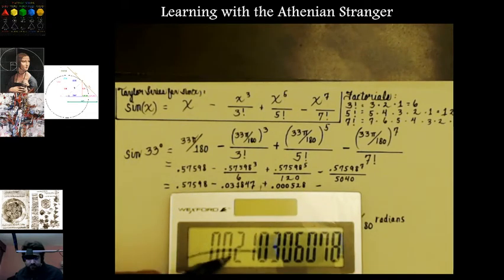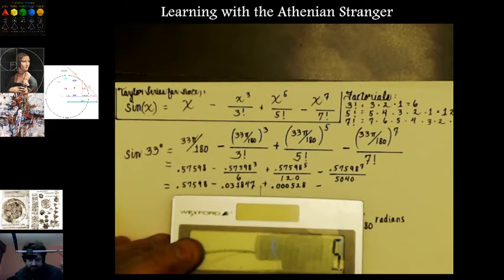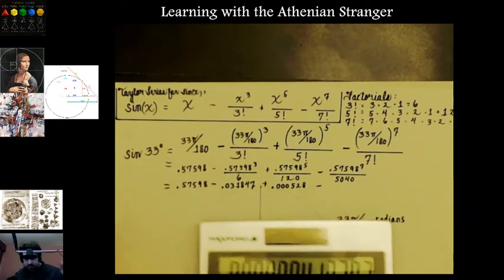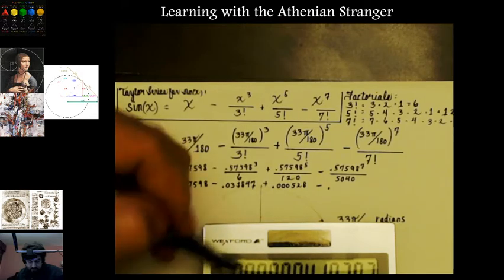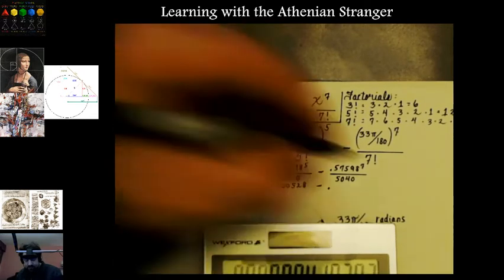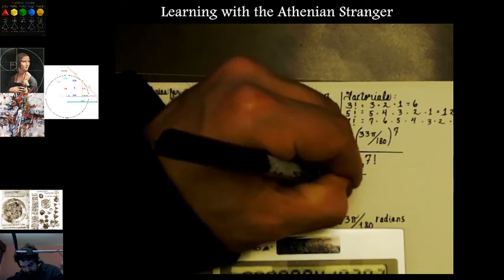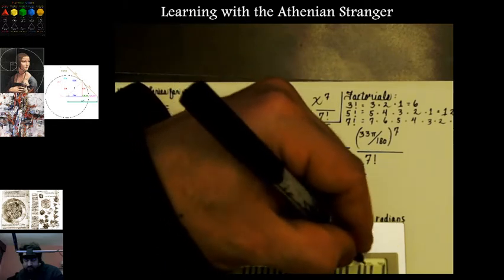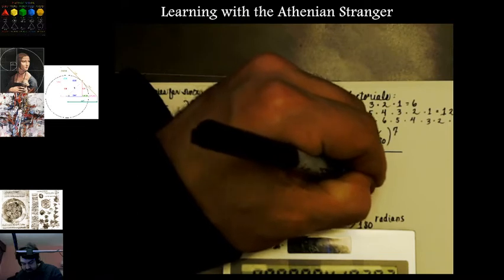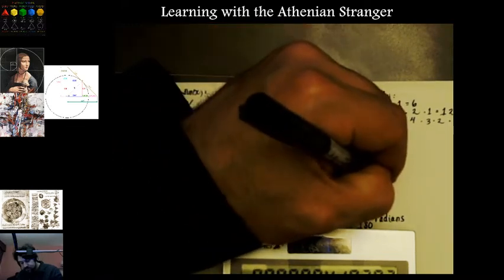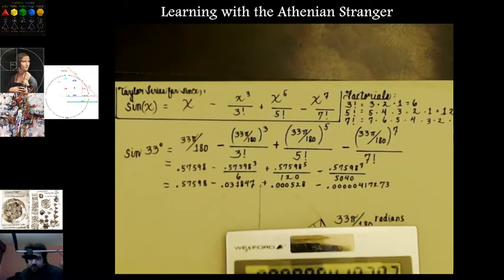So 0.02103. Remember, we divide that by 5040. Divided by 5040 gives me this very small number here. Point, and then there's 1, 2, 3, 4, 5 zeros, and then 417273. I know I wasn't consistent with the significant digits, but these numbers are so small it doesn't matter very much.